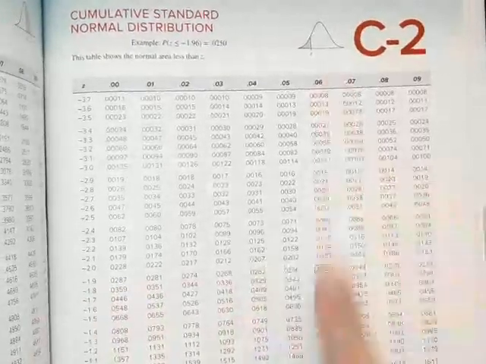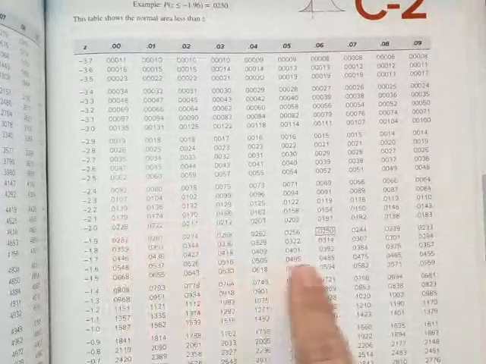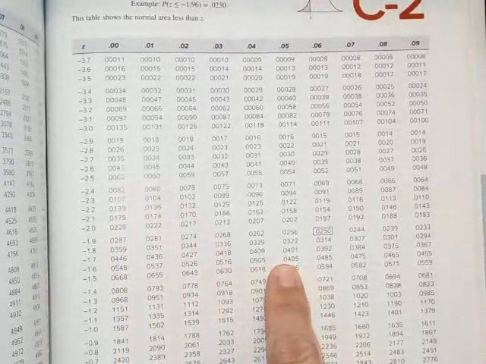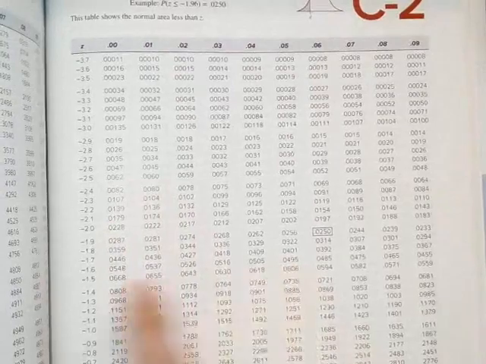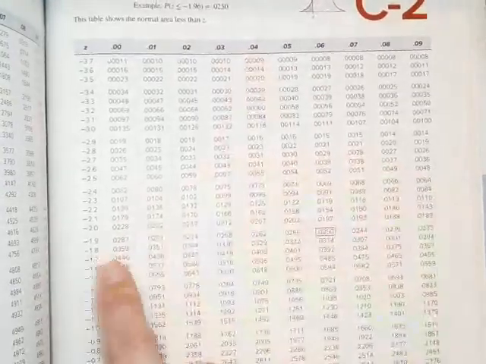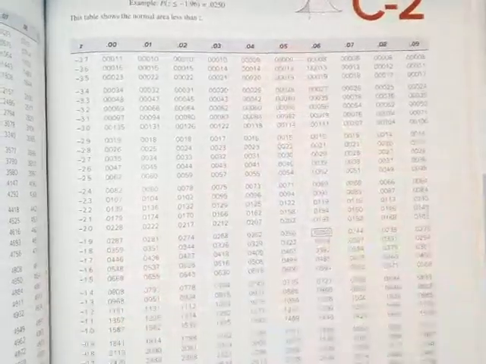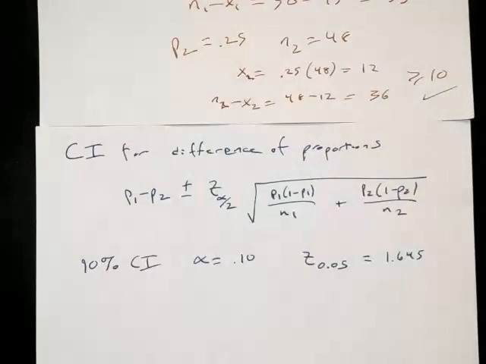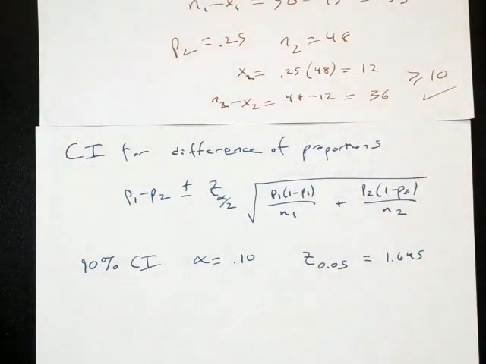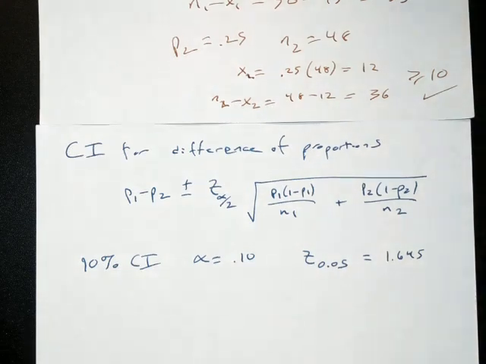That's the one that's circled. But 0.05 is right between 1.64 and 1.65. So I'm going to have those numbers as the ones I most commonly use. They're the same numbers we were using for confidence intervals before.